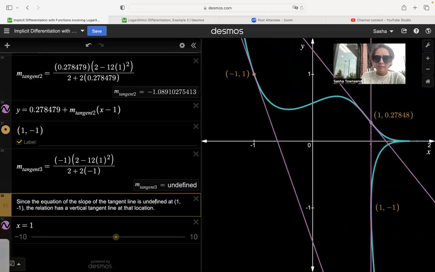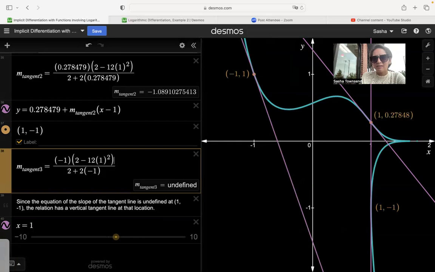We can find ordered pairs on the curve by sketching a horizontal or vertical line and seeing where that line intersects the original curve. And then we can substitute those ordered pairs x, y into the equation for dy/dx, and that will give us the slope of the tangent line. And if we want to, we can verify that that is the true slope of the tangent line by graphing that tangent line along with the curve, and you can see that it seems to have the right slope as the actual curve itself.